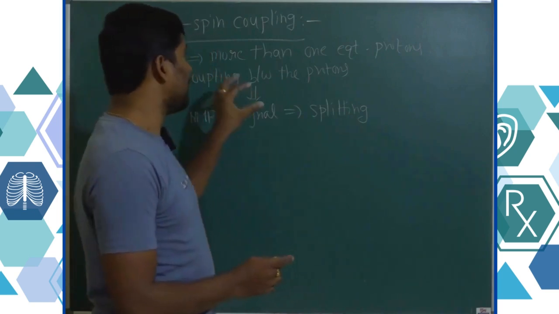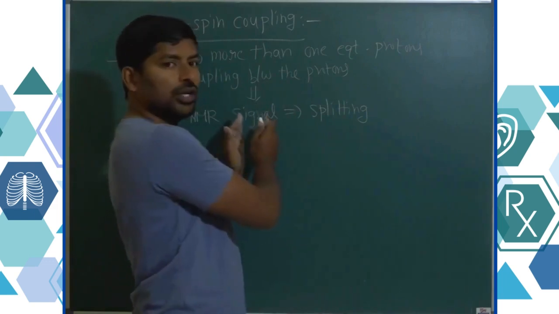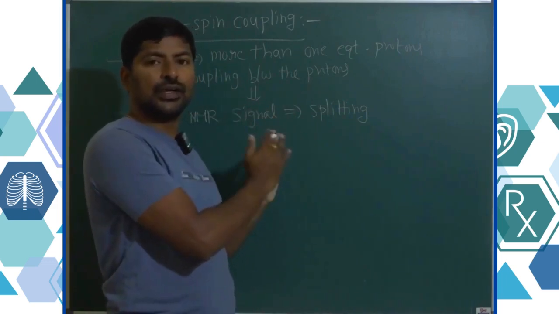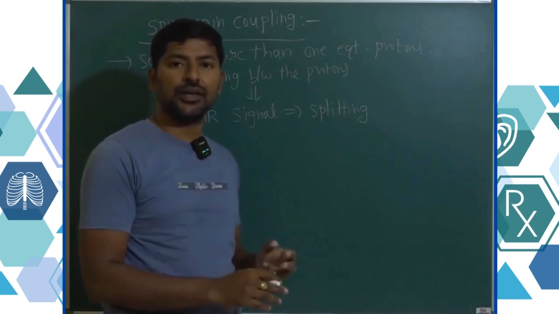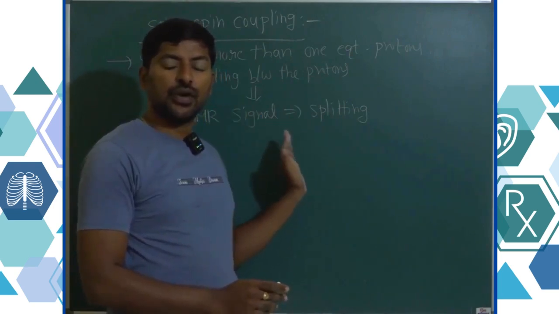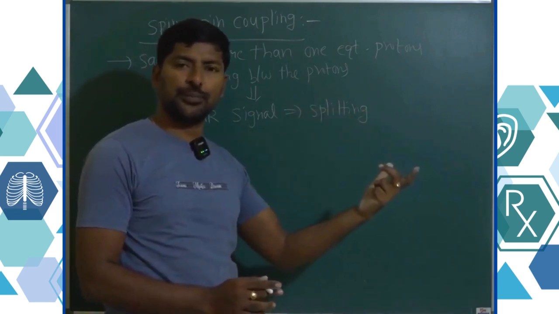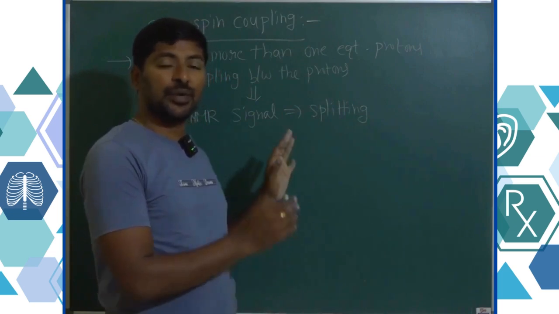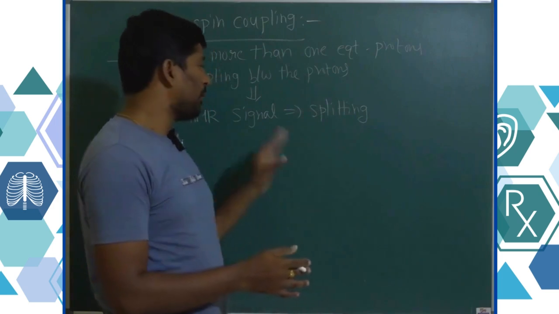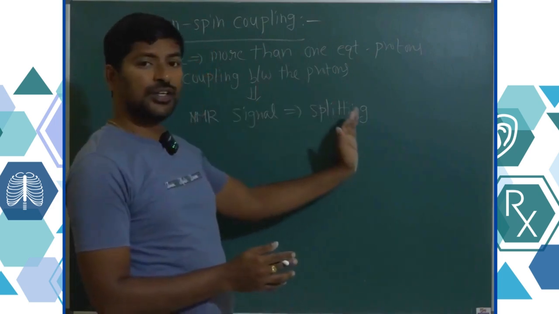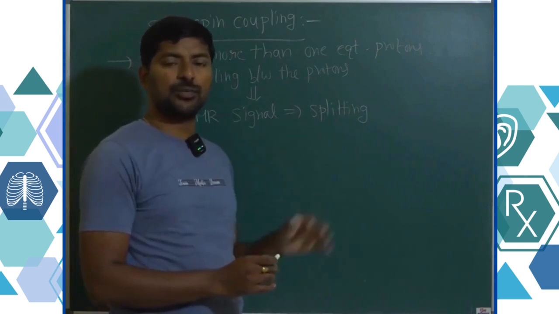Why is this splitting observed? It is observed because one nucleus experiences different magnetic fields from neighboring nuclei. Different magnetic fields mean different Larmor frequencies, so one signal splits into many lines.